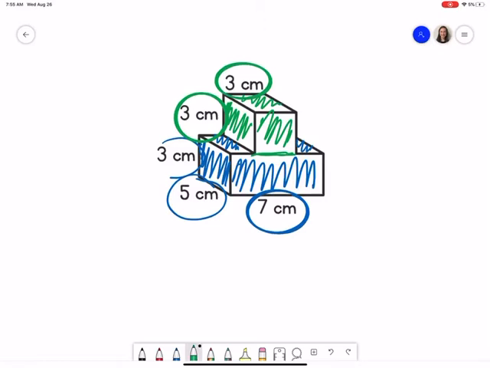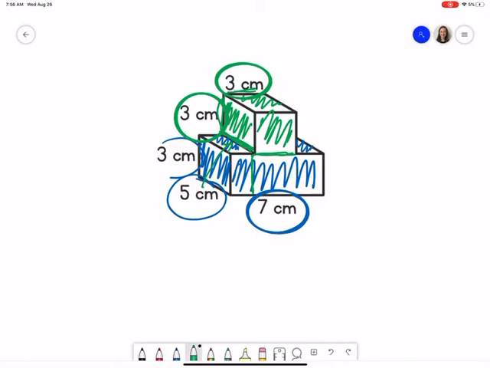Well, we know that the other measurement is going to be, so we have 3 this way, 3 going this way, 3 going down. We need to find this one right here. Well, it's going to be the same as this one.